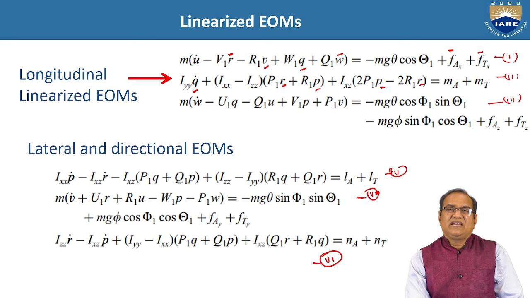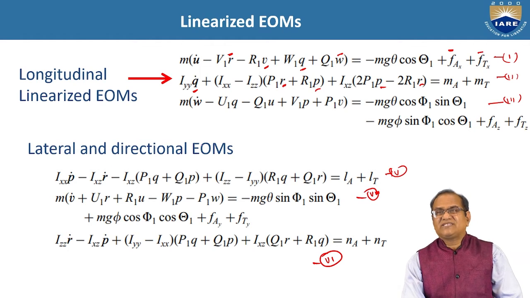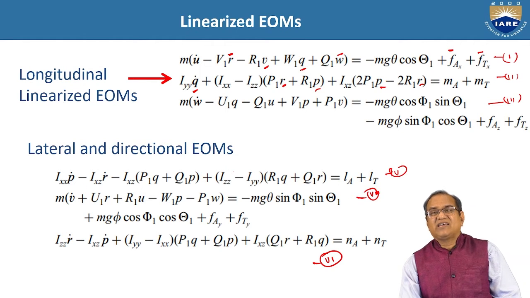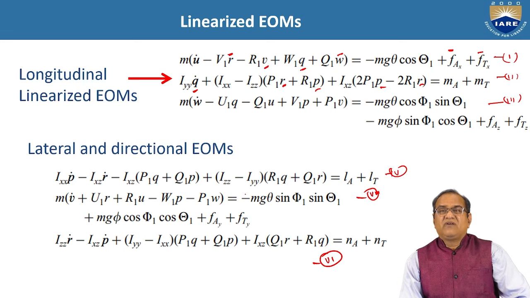Same way for lateral and directional equations of motion, it is also in the perturbed way, and this we can solve very easily, and that is why we have made these linearized equations of motion, so that it is very easy to solve. Okay, so here P, Q, R are the pitch rate, rolling rate and yawing rate.